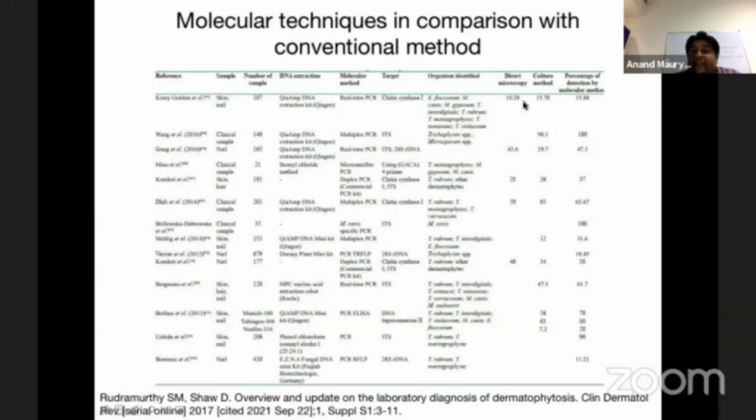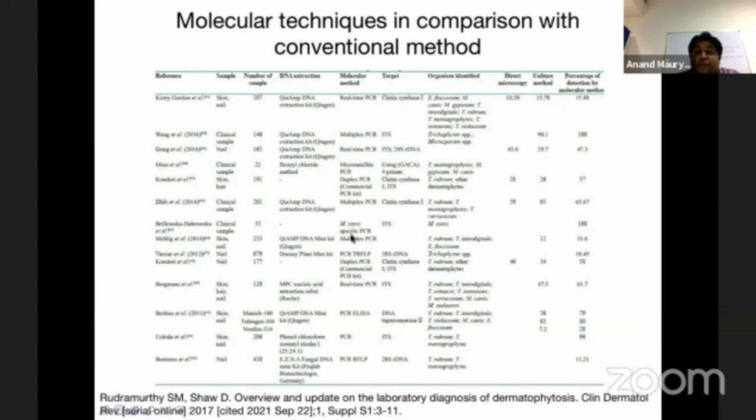In direct microscopy the detection was only around 10%, and culture was 15%, and with the molecular method it goes to 15%. In the case of multiplex PCR, you can see culture identified 90%, but with the molecular method targeting the ITS region, it is very helpful in identification. It gives 100% detection.